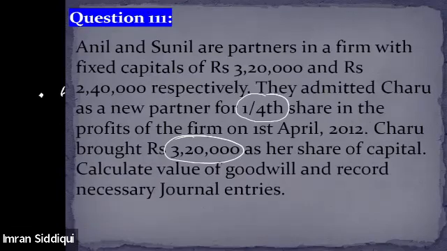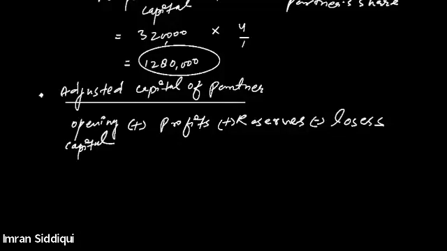That means the adjusted capital of Anil and Sunil will be 3,20,000 and 2,40,000 only. Right? Yes, sir. To determine the adjusted capital, we add profit and reserve, subtract losses, out of the opening capital. But since all these values are not given, we can presume that they are zero.